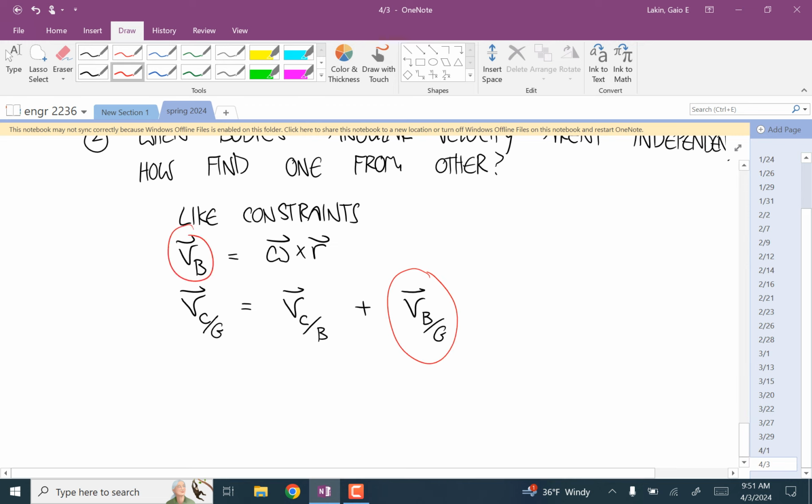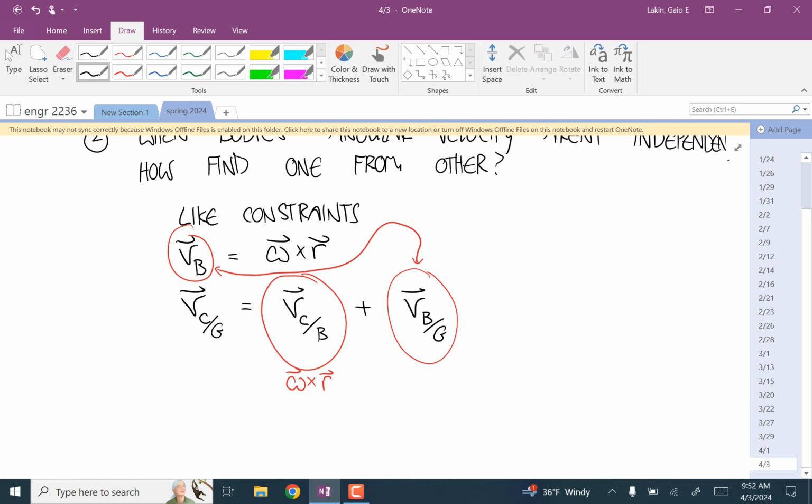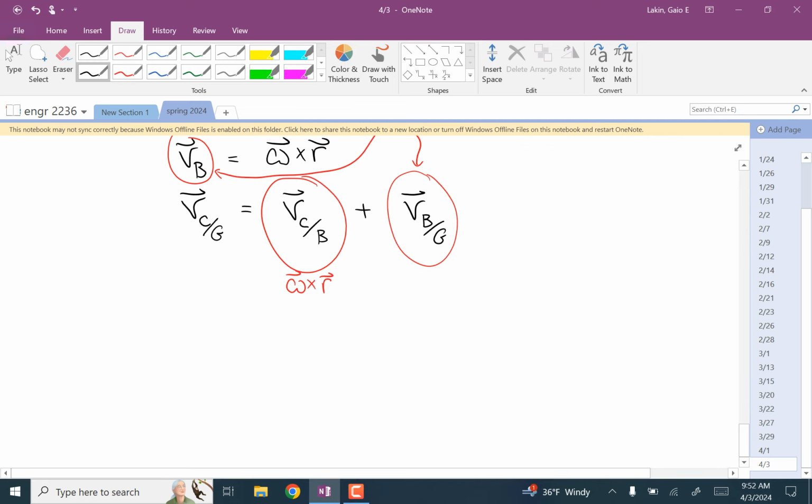plus the velocity of joint B relative to the ground. This is what we just calculated. This is circular motion about that point B. And then once you've come up with an expression there, what do we know about the velocity of that point C? Well, we know it has to move along the slot. So the velocity at C, X component, has to be equal to 0.